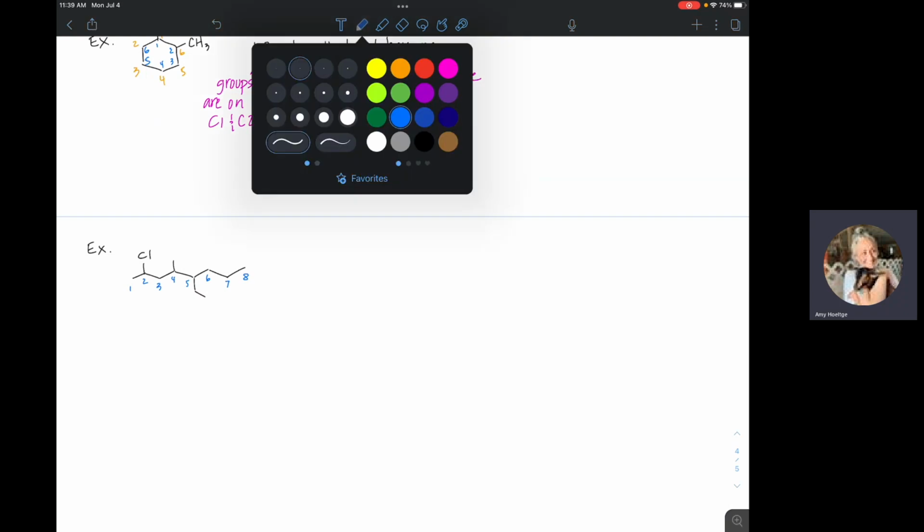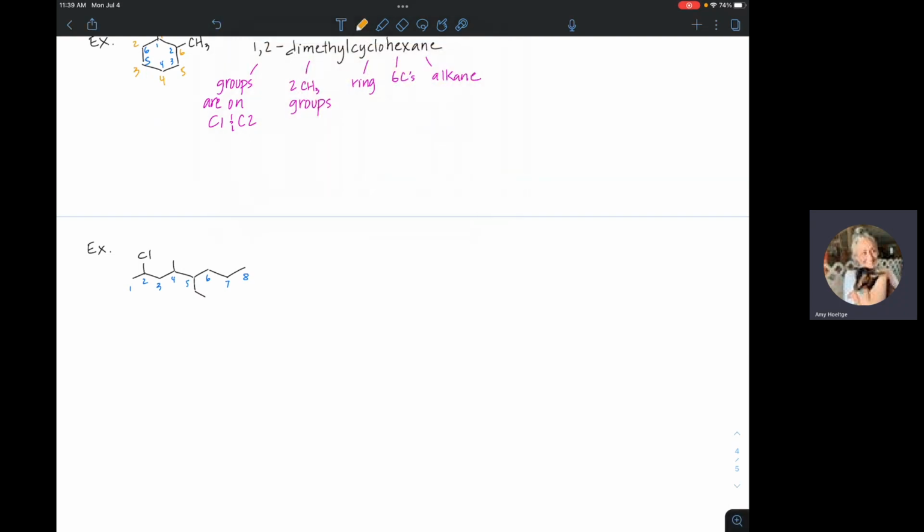You could also number from right to left. If I did that, it would be 1, 2, 3, 4, 5, 6, 7, 8. Here's the deal though. You have to look at each one of your substituents and see which one is going to take priority. Now we have different substituents.